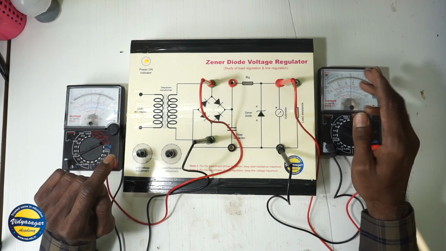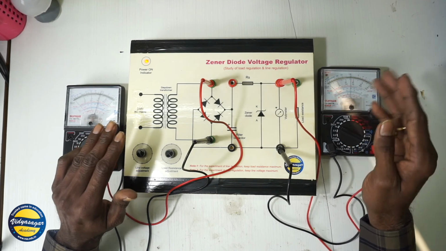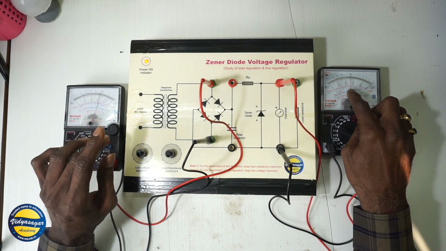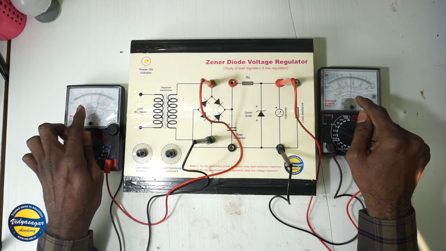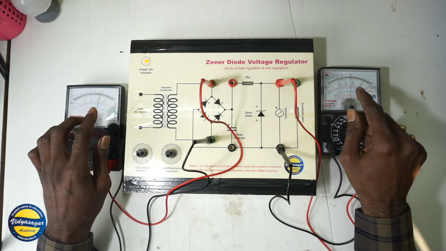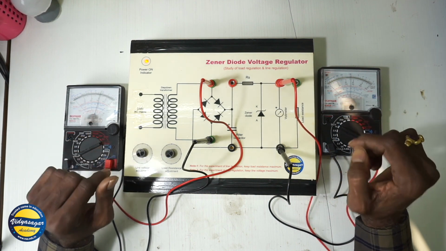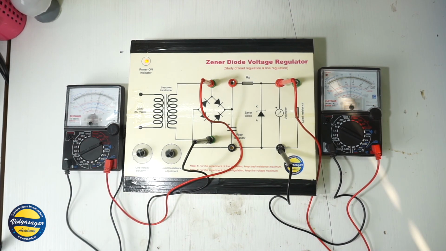So up to 5 volt we can plot a graph which is quite linear: the AC voltage increases and the corresponding DC voltage follows its magnitude. But beyond 5 volt of AC voltage, the output voltage remains constant. In that way, we can plot the graph very easily using these readings. With this, we come to the end of this experiment of Zener diode voltage regulator as line regulation.